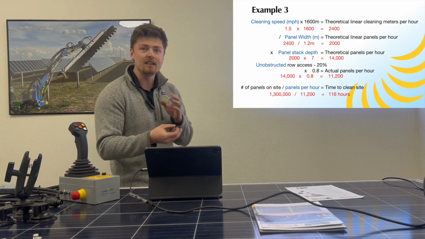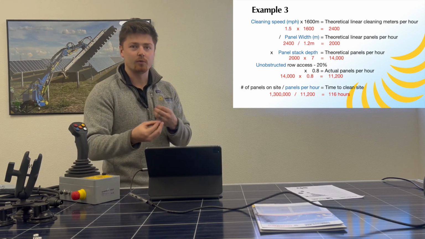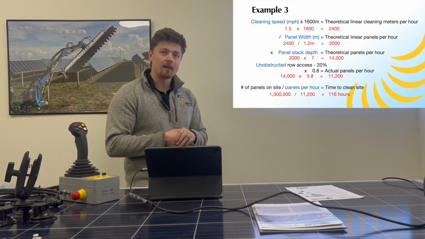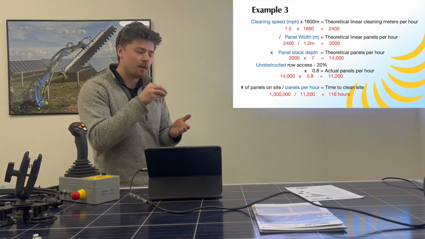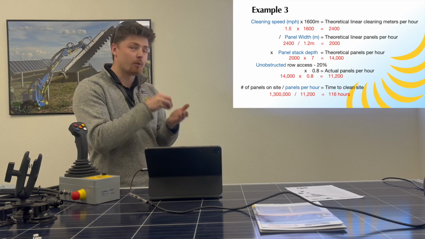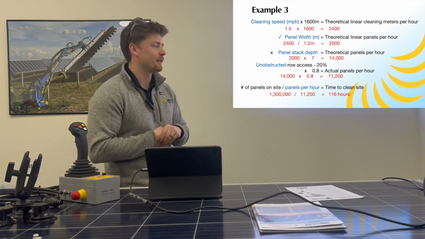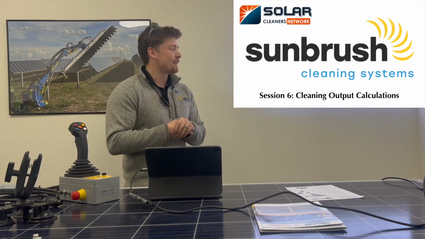That's why having detail on the layout, the panel size and orientation makes a huge difference to cleaning time, and that's why these calculations can be useful, because that simple panel quantity number can be misleading if we don't know the layout and the panel sizes. A lot of numbers, a lot of maths, and that's pretty well what this comes out to.